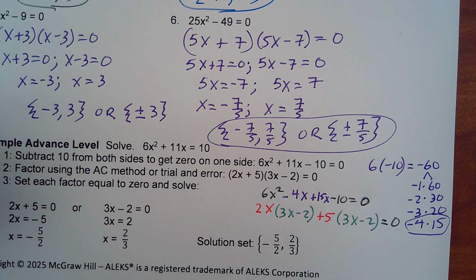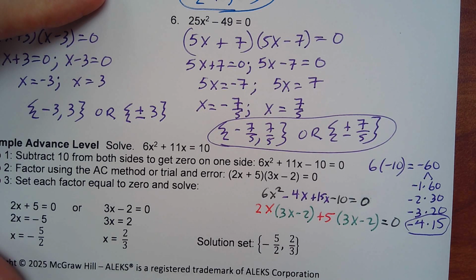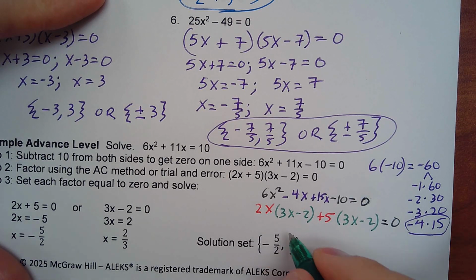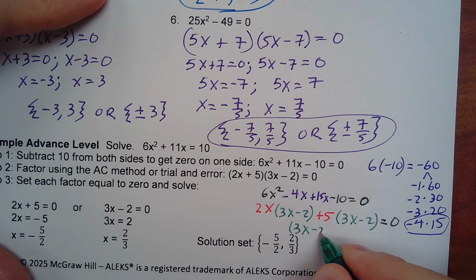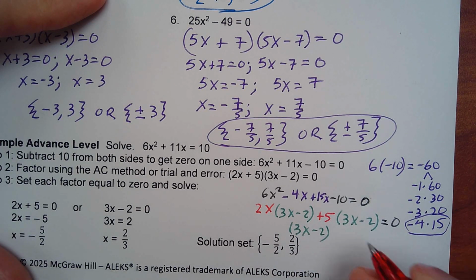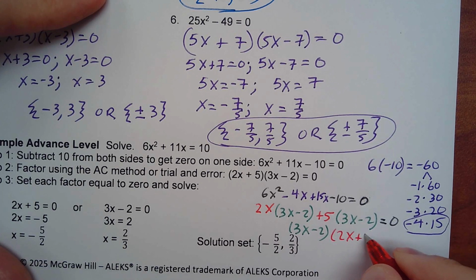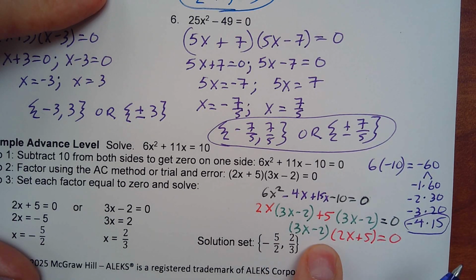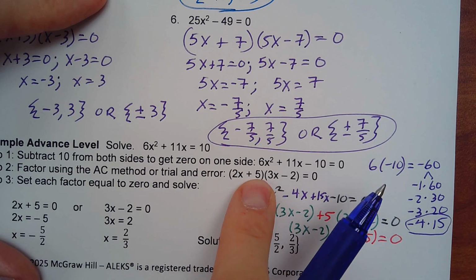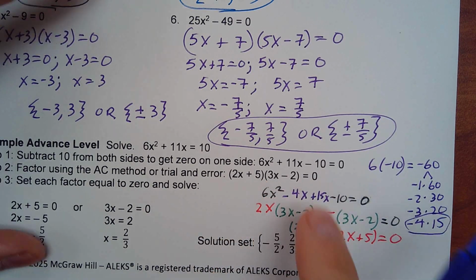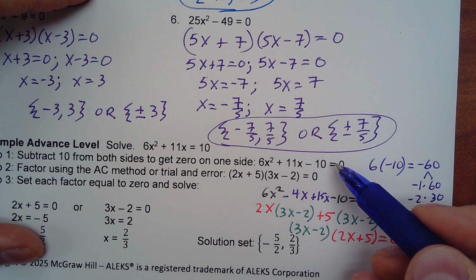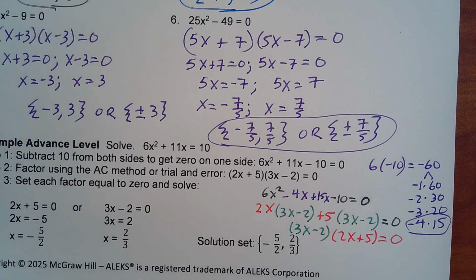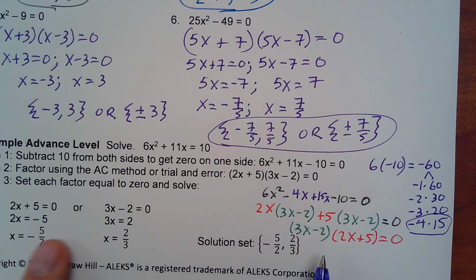And then our two pieces have the 3x minus 2 in common. Well, 3x minus 2 times 2x plus 5 is the same thing as 2x plus 5 times 3x minus 2. So that's how they got from step 1 to step 2. And then you just go through and set each of these factors equal to 0 and solve to get your answer.